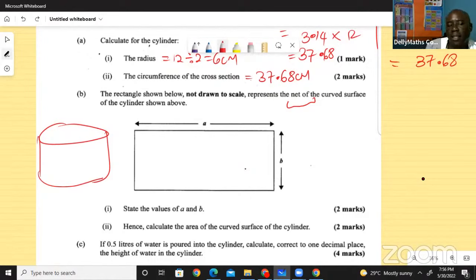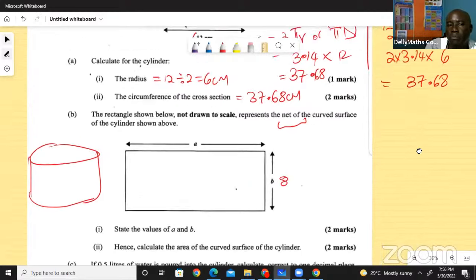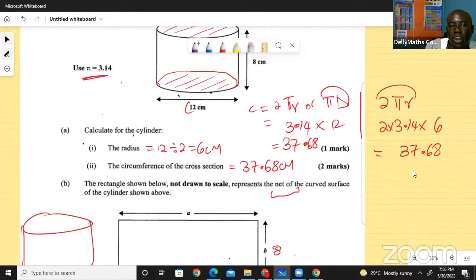So they are saying state the values of A and B. The height is going to be B for me. The height is B, so this is 8. And then remember, when you find the circumference, you actually find the distance along the circle here. Circumference, distance along.